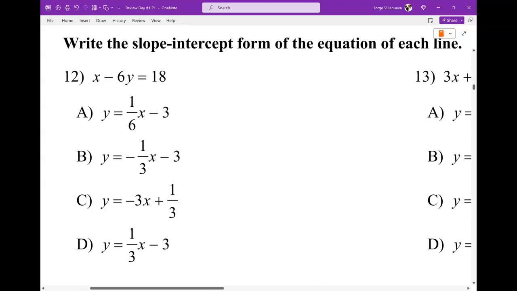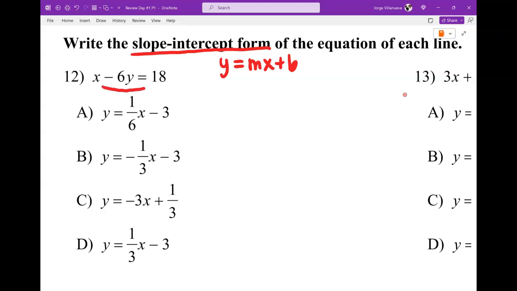This one says write the slope-intercept form of the equation of the line. Slope-intercept form is y equals mx plus b. In other words, solve for y. So in order for me to solve for y, I'm going to throw this x over to the other side by subtracting it.